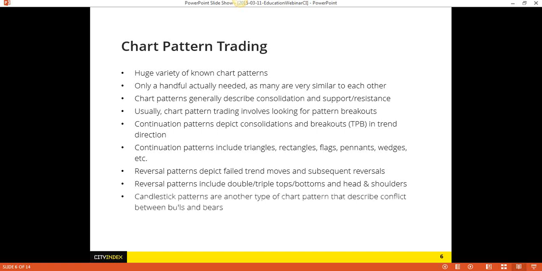Now we're talking about candlestick patterns, which I'm going to introduce after I talk about these chart shapes. Candlestick patterns are another type of chart pattern that describe the conflict between bulls and bears.